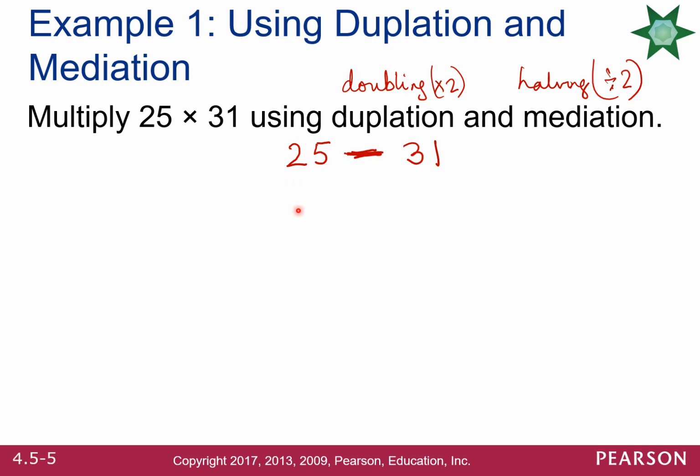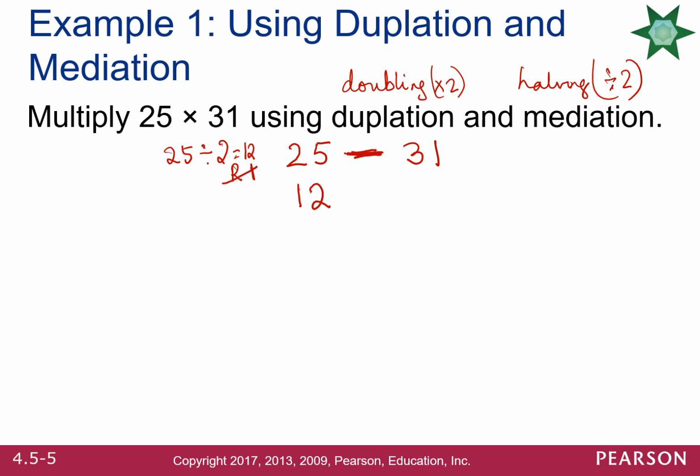All right, so 25, we have to halve it. 25 divided by 2 is 12, but the remainder is 1, correct? So we are going to ignore the remainder and just write 12. All right, so here we go. 25 divided by 2 is 12, remainder 1, correct?